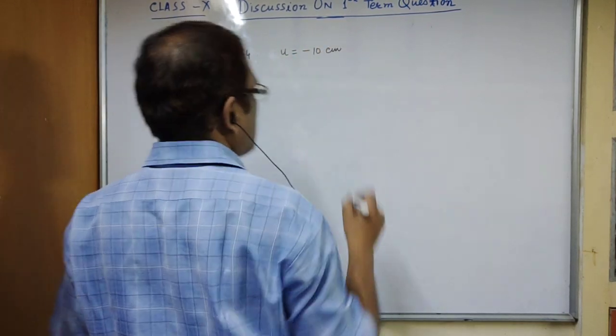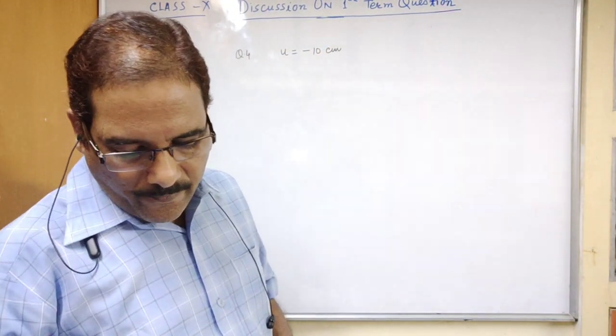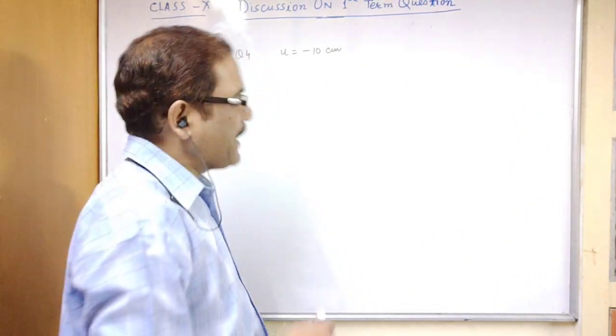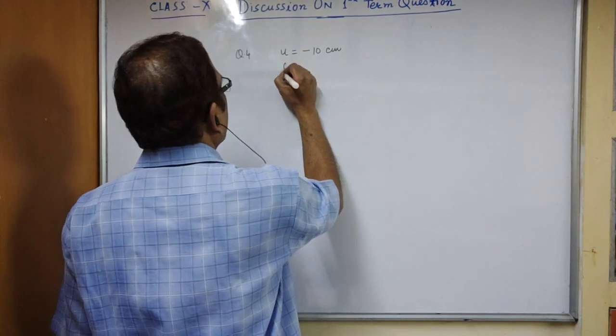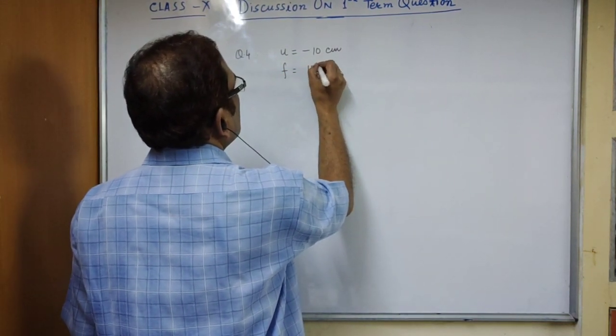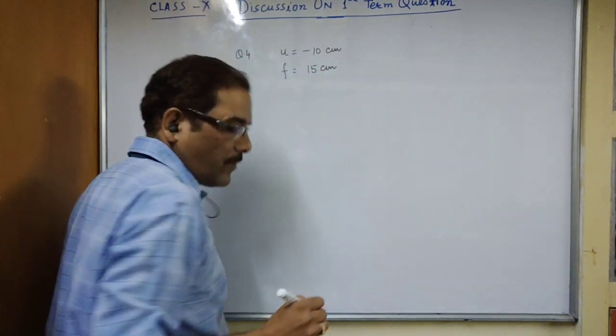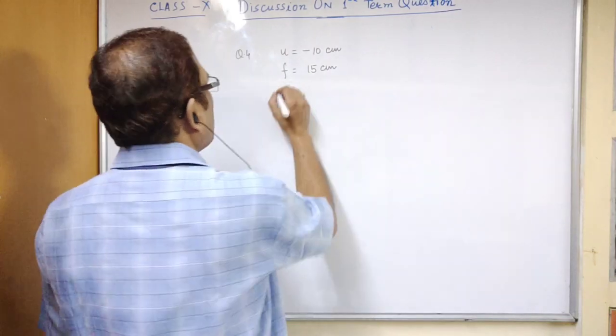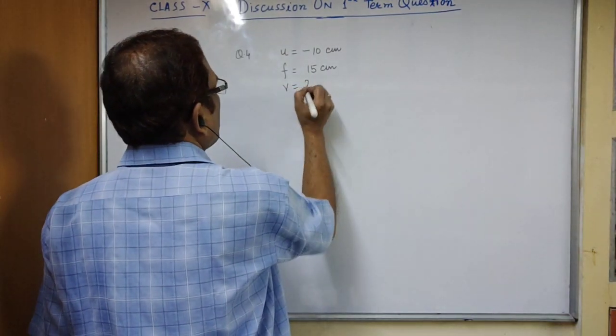As you know, object distance is always negative. From a convex mirror of focal length 15 centimeter. The focal length of a convex mirror is positive, so it is 15 centimeter. The position of the image will be, it means you have to calculate v.